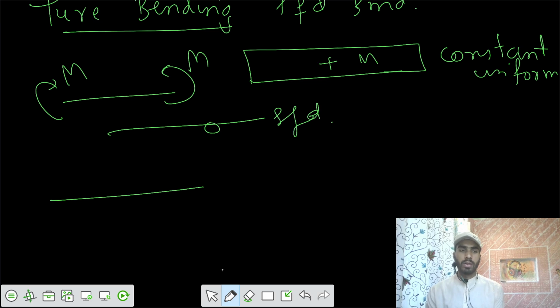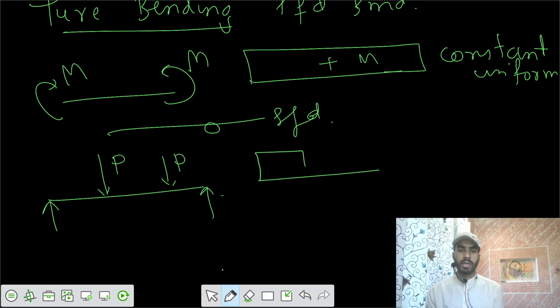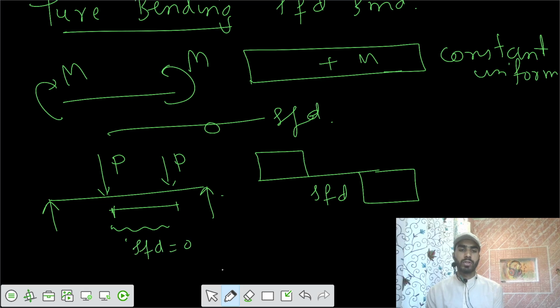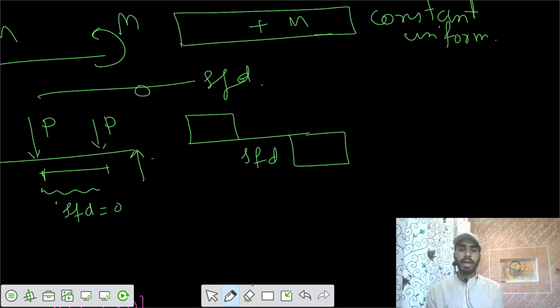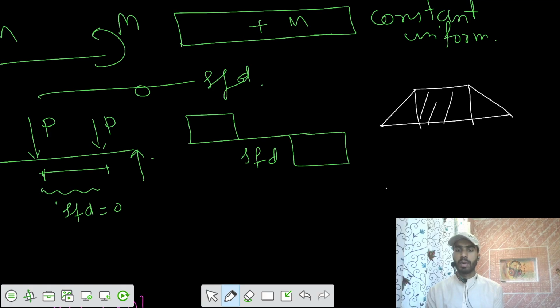Similarly, if you have the supports too, and you are applying load P and P here, the shear force diagram looks like this. In the mid part we have shear force equal to 0. And in that part, the bending moment diagram shows a constant bending moment.